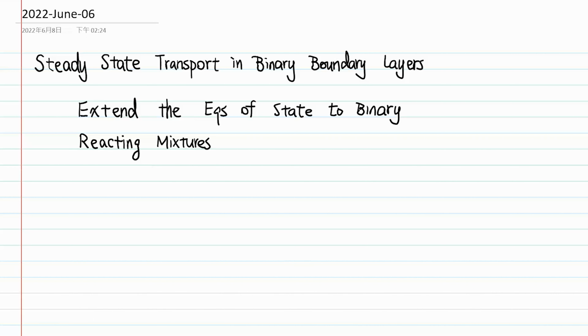Okay, so let's again look at the basics. So the equation of continuity would be the same altogether. We have partial Vx partial x plus partial Vy partial y equals to 0. Okay.